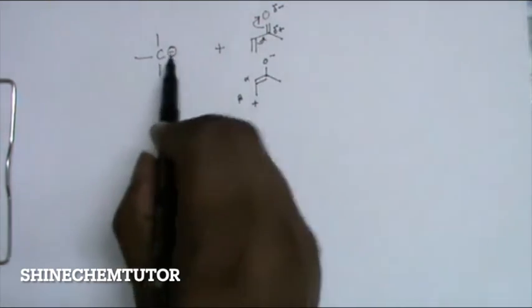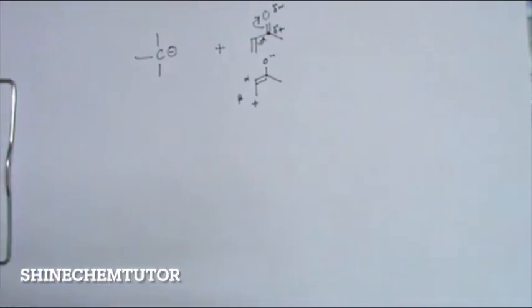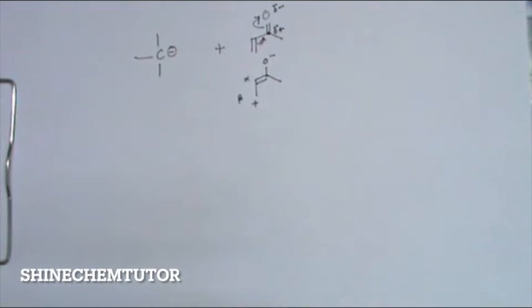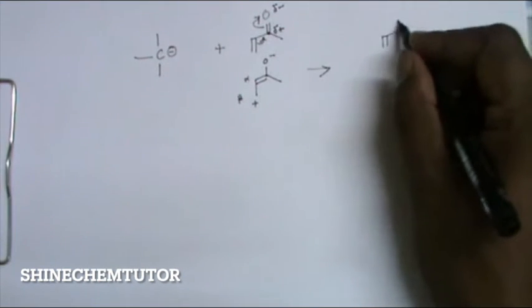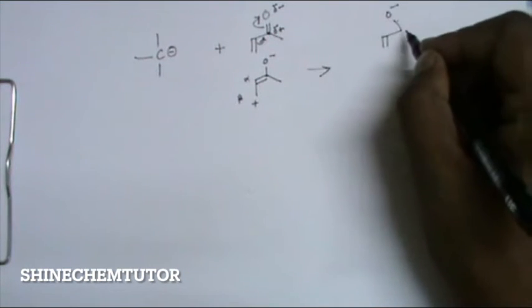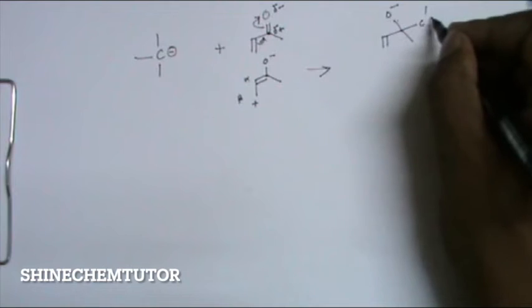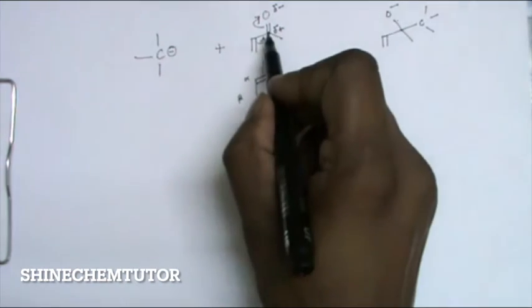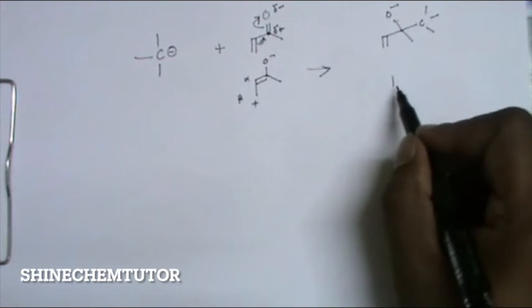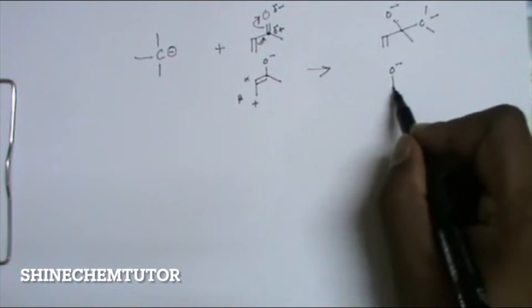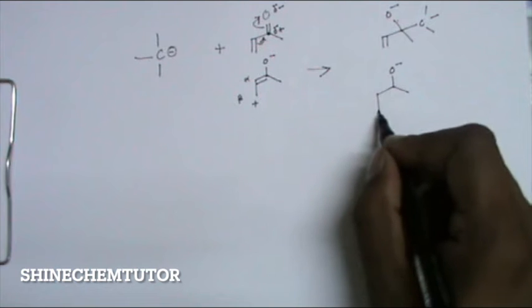So the minus charge can attack this carbon because we have delta plus, or it can attack this carbon. So we have 2 possibilities. Here the minus charge has attacked this carbon. If it adds to the beta carbon, then we get it like this.